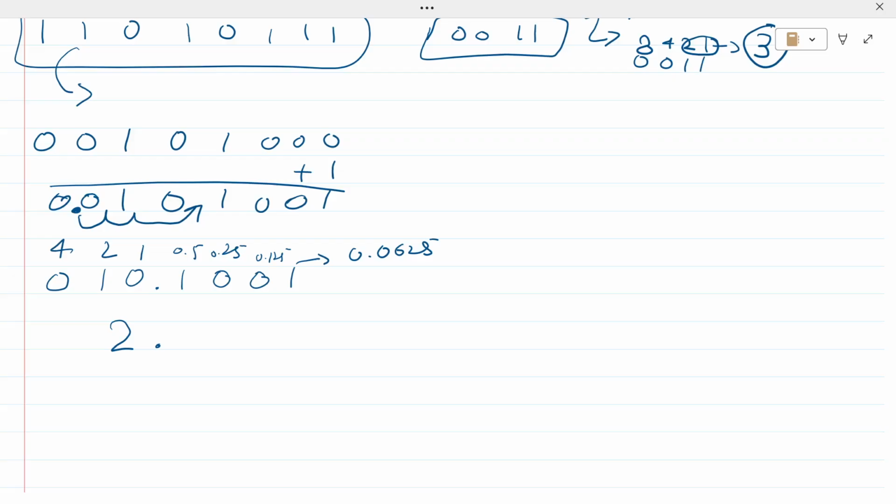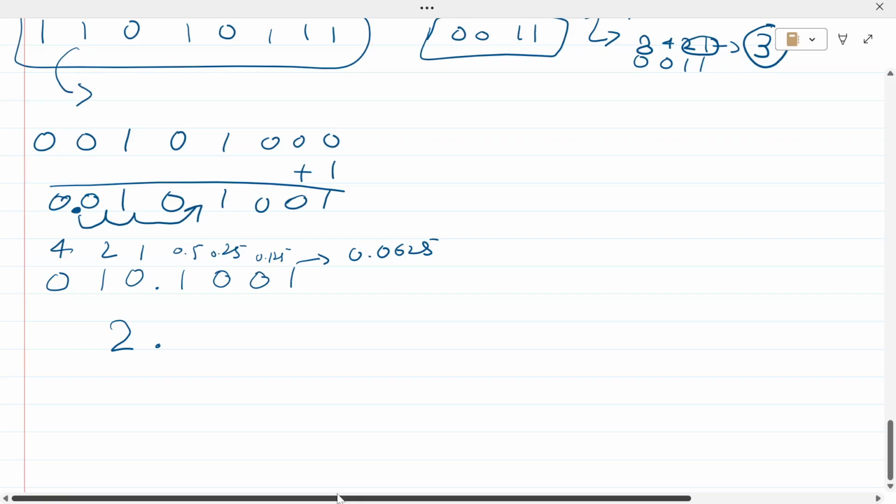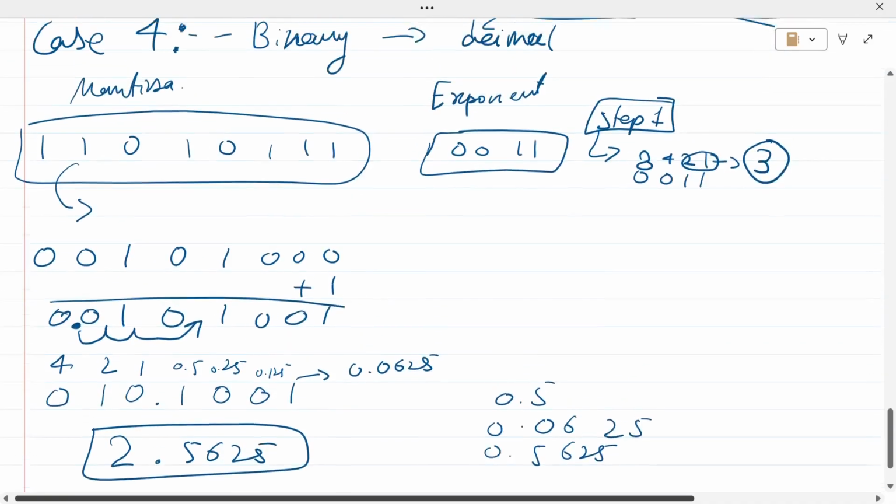Zero point zero six two five, right? This is how you add it. 0.5 plus 0.0625, so that becomes 0.5625, right? This is your answer, literally.